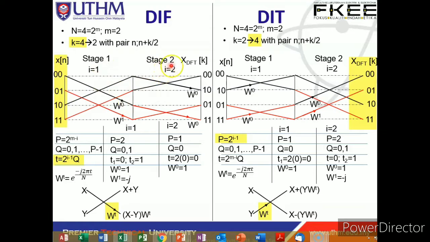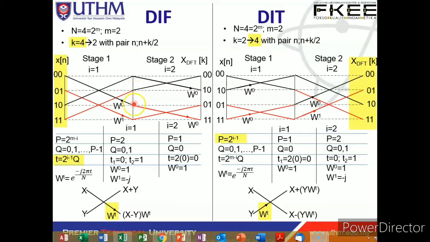Next is at stage 2. Okay, at stage 2, we have this one k equals 4, this one k equals 2. For example, we have x0 here, the first point. The pair of x0 will be 0 plus 2 divided by 2, which is 1. Okay, so 0 will be paired with x1.